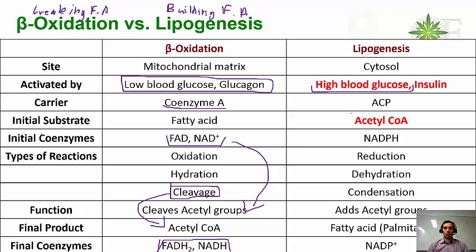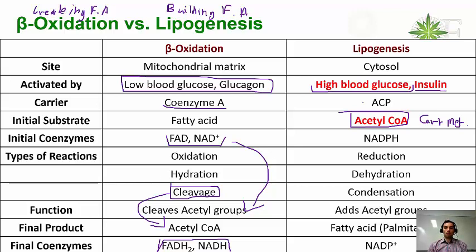And that acetyl-CoA that comes from our carbohydrate metabolism is used to begin our lipogenesis process. So this is activated by insulin, where we have the glucose inside the cell that can be turned into the acetyl-CoA, which we need to begin our lipogenesis process.